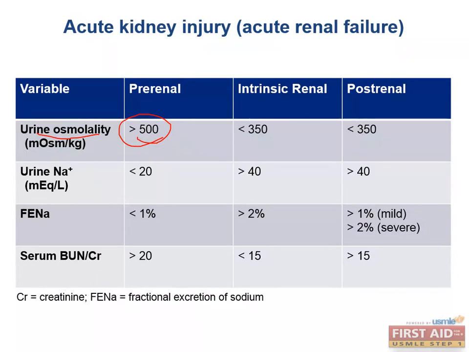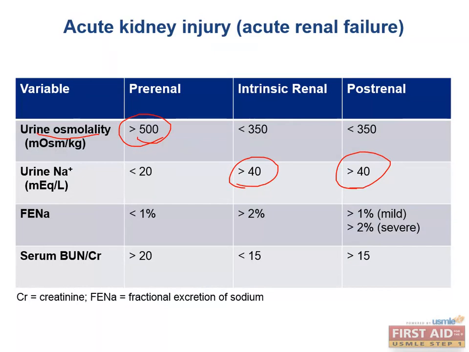If urine sodium concentration is greater than 40 milliequivalents per liter, then you know that the renal failure is either intrinsic or post-renal, because here the kidneys are unable to reabsorb sodium and it's being excreted in the urine. Normally, kidneys try to hold on to most of the sodium and reabsorb it.